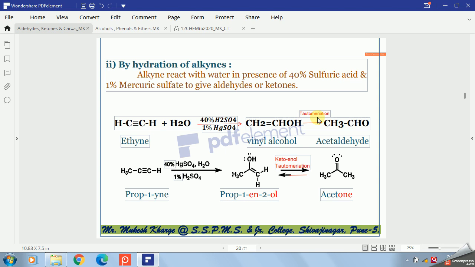So we can't prepare formaldehyde by using this method. If we take a 3 carbon alkyne, that is propyne, it undergoes hydration using the same reagents, 40% H2SO4 and 1% HgSO4.